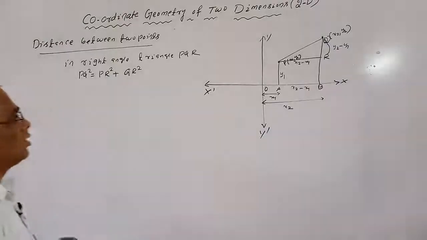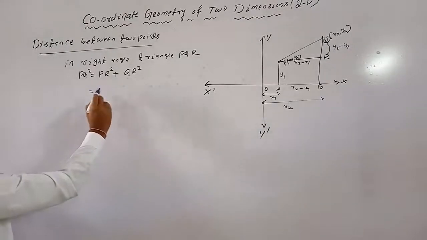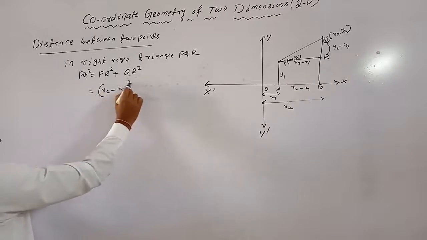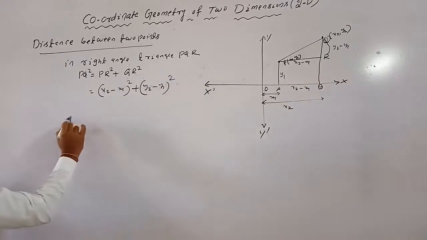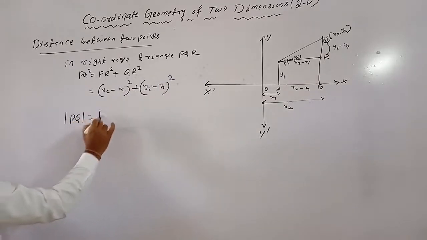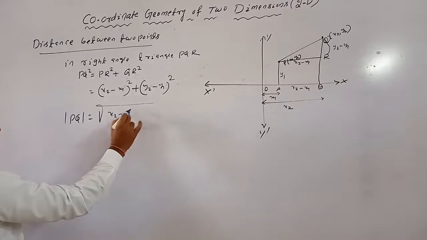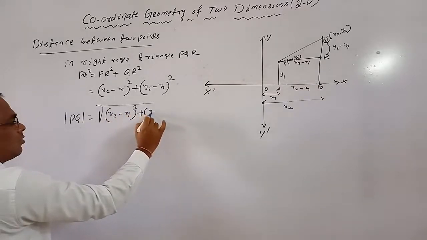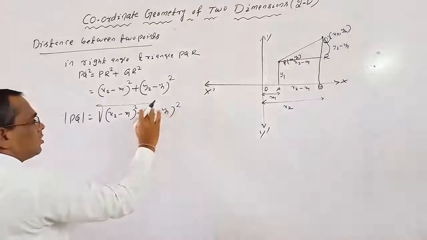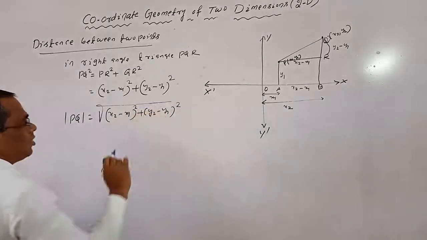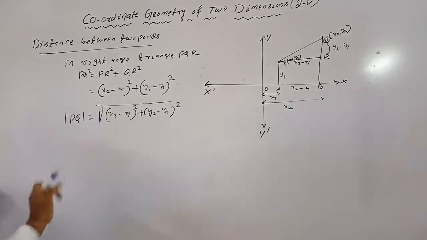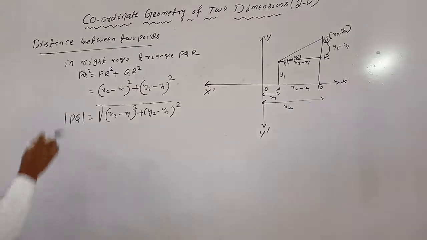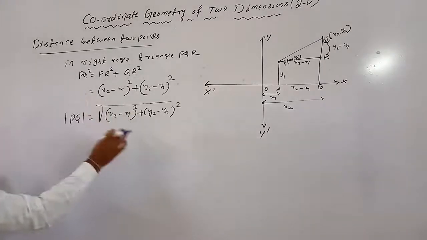Okay. Do you understand? So PR means x2 minus x1, square, plus QR means y2 minus y1, square. So PQ equals root of x2 minus x1 square plus y2 minus y1 square, or you can express it also as x1 minus x2 square plus y1 minus y2 square, because the square of any number must be positive. So this one is known as the distance between 2 points.